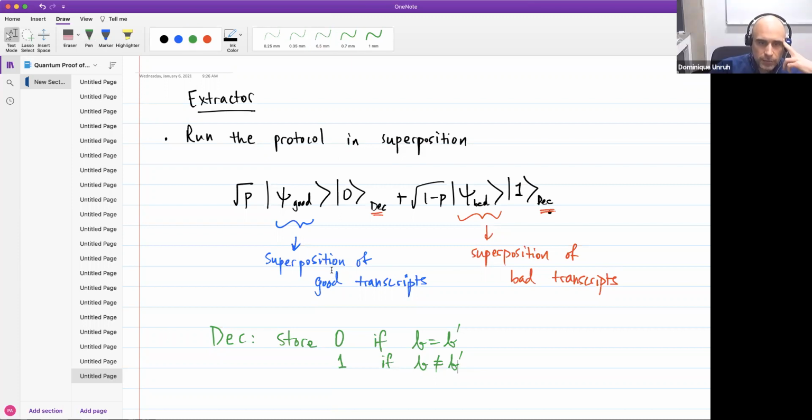Sorry, you say we run the protocol in superposition, but if I understood this right, this is just a normal protocol run so far. Yes, we just don't measure whether it succeeded. I have two possible meanings, and you tell me whether one of them is right.